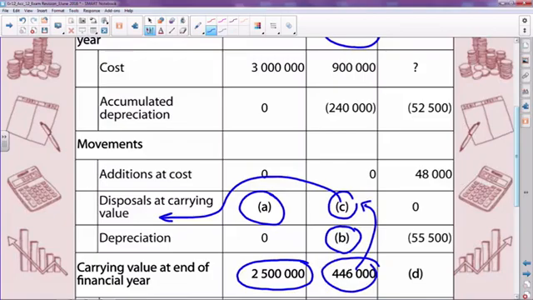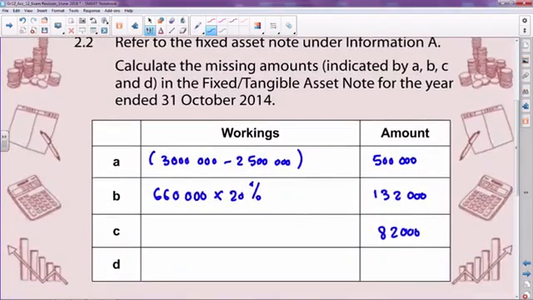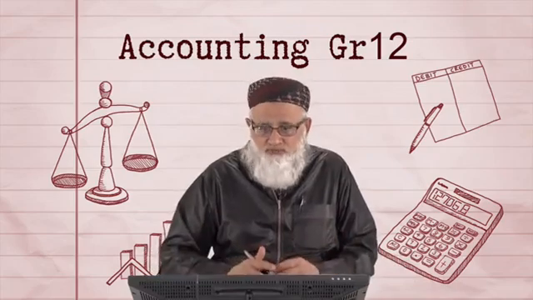In this case, the value was 82,000 rand. Clear, guys? Unfortunately, we're not going to get a chance to do D, but I'm sure you can work it out by yourself. Look at the question and figure it out.